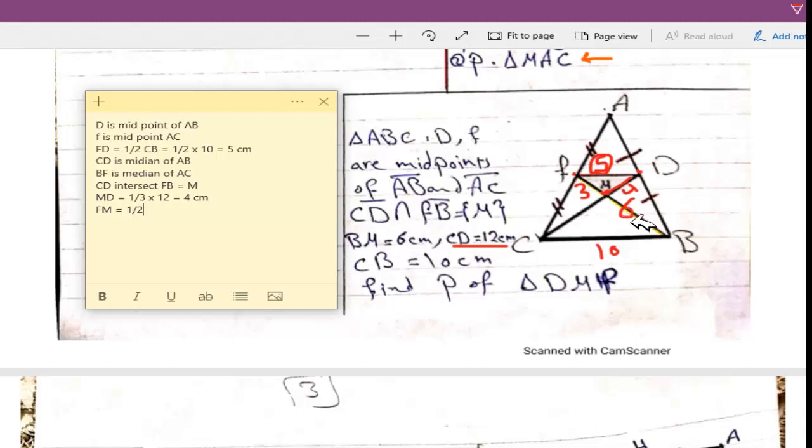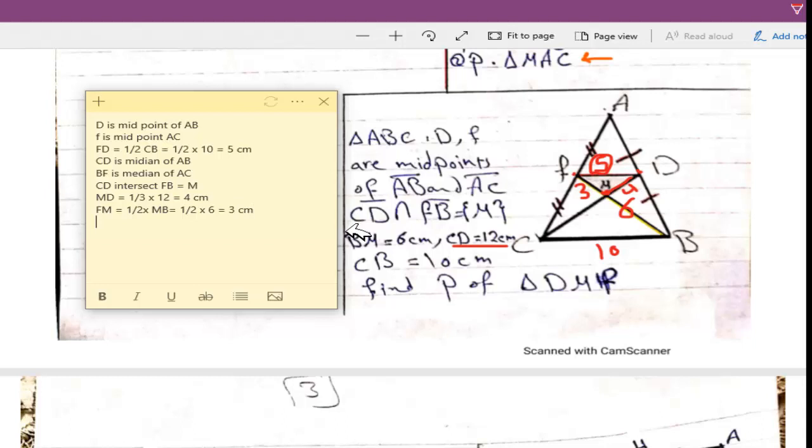I have to use the givens. MB is 6, so MF is half the 6. So half multiplied by 6 will be 3 centimeter. Now I finished.